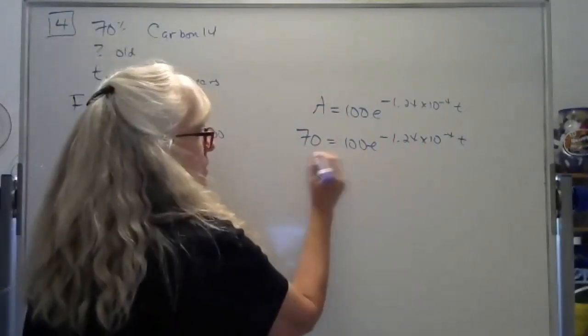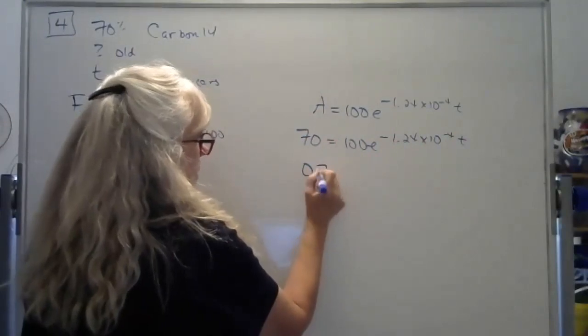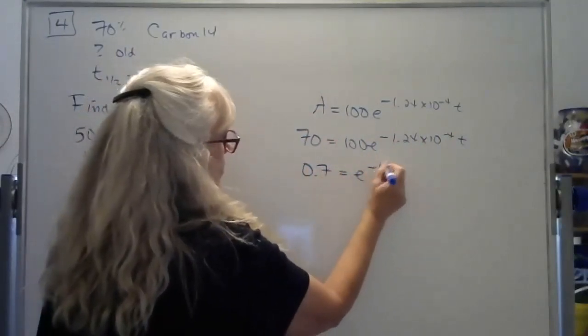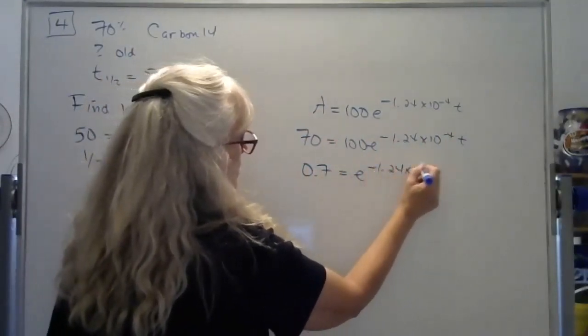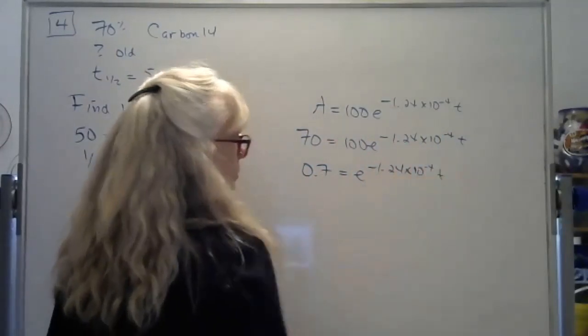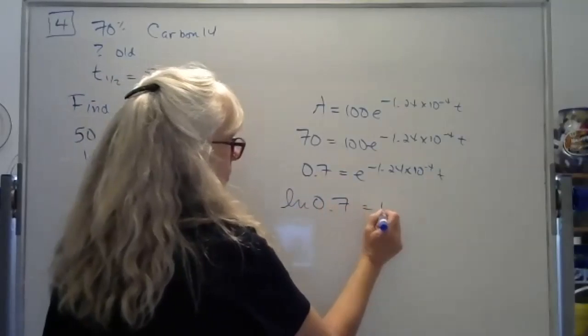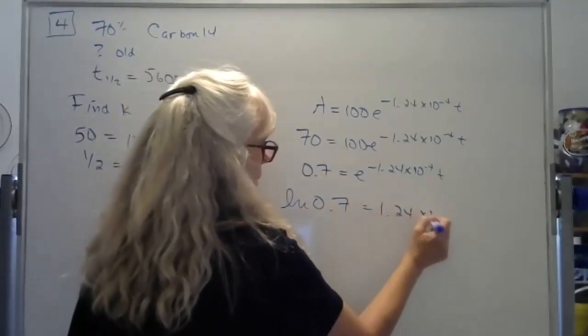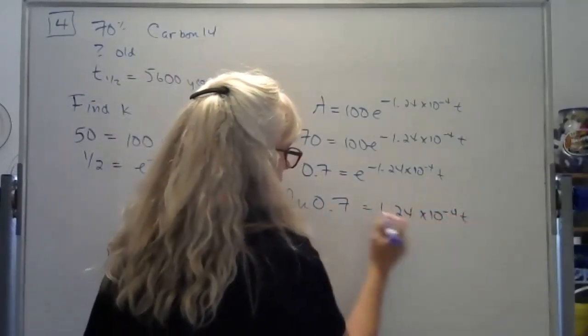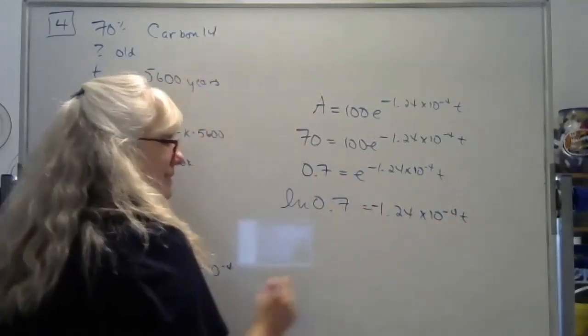Okay, same process. We'll divide out the 100. That's going to give me 0.7 equals e to the negative 1.24 times 10 to the negative 4 times t. Then we'll take the natural log. Don't lose my negative.